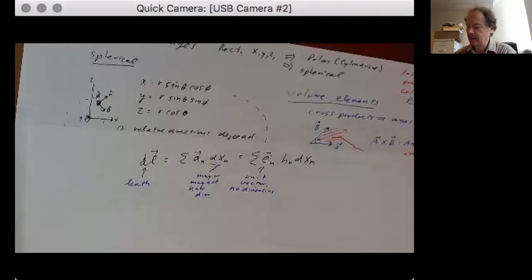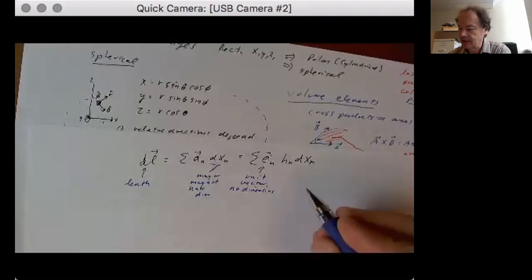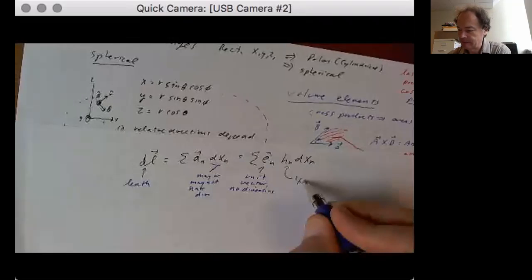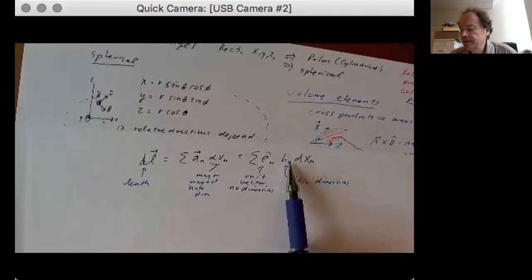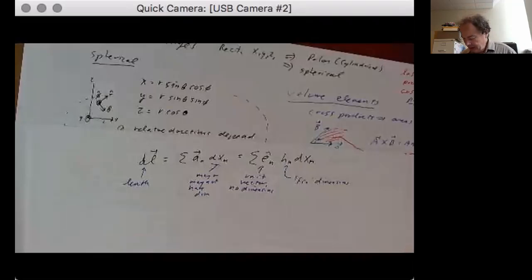So again, these are fixing the dimensions. In the h, for the spherical case, h_r was 1, okay, because that has r. dr is length, works. For d theta, d phi, this doesn't have any units, but those had either r or r sine theta. They had our dimension to give us lengths. So the h is patching up dimensions. That's how you're seeing that coming in. Okay, so that's dl.